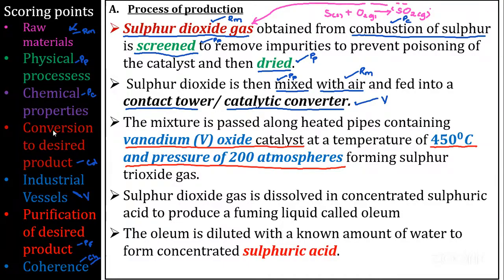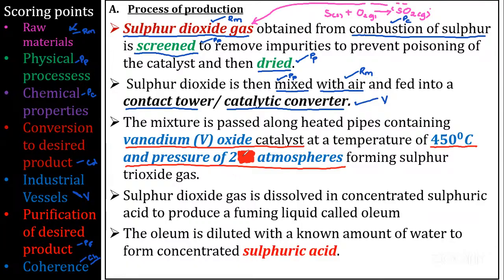Sometimes you may find that instead of 200, a book has given you 2 atmospheres. 2 atmospheres. So we can look at both either way, but the majority of the O-level books give 2 atmospheres.